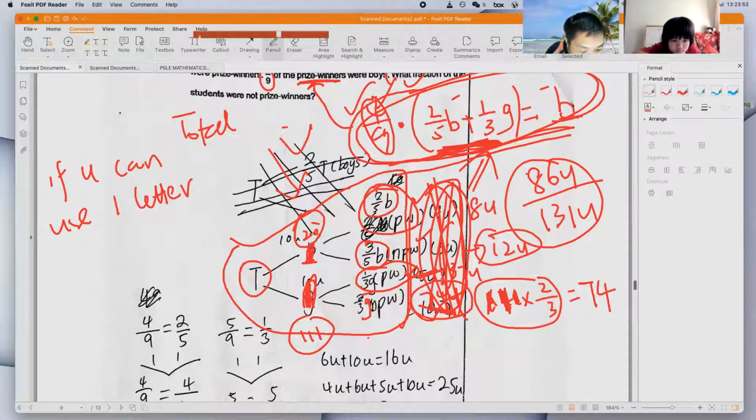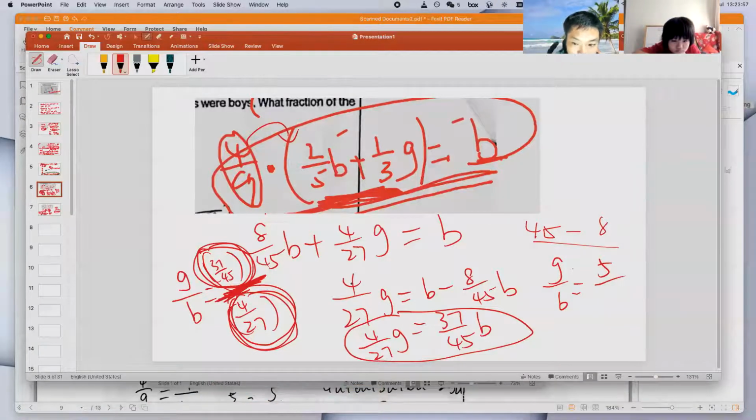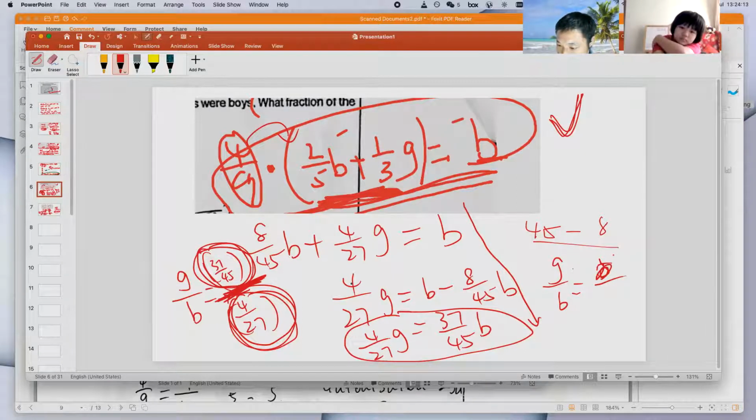Which is this. The units should come from this equation. Because if you continue, you will get G over B is 20 to 111. No, switch place, 111 to 20.